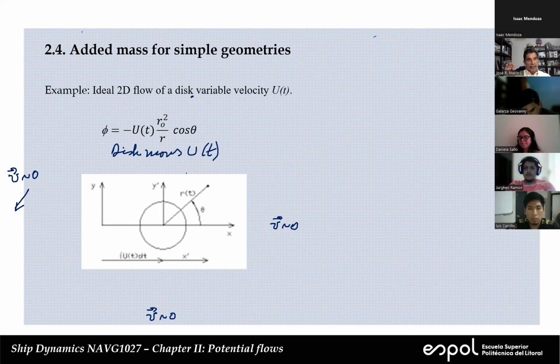And also, I'm not writing it here, but I can write it now, that means that the density is constant. So let's go on and calculate now the pressure distribution, calculate the force, and see what happens.